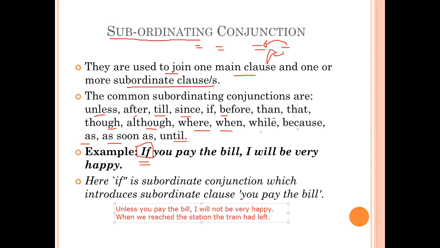So this is one sentence. Here you can use it with as soon as. How can you use it with as soon as? As soon as we reached the station, the train had left.